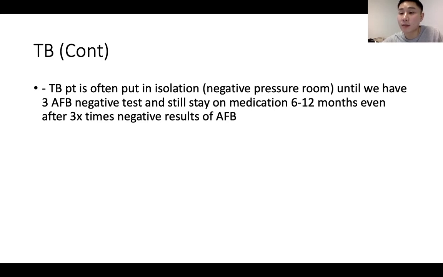Throughout the time that they are in the hospital taking this medication, we regularly obtain cultures from the sputum. If they have 3 consecutive acid-fast bacilli negative sputum tests, they can be released from the hospital. However, even though they are released and have 3 negative tests, they still have to keep taking TB medication for 6 to 12 months.